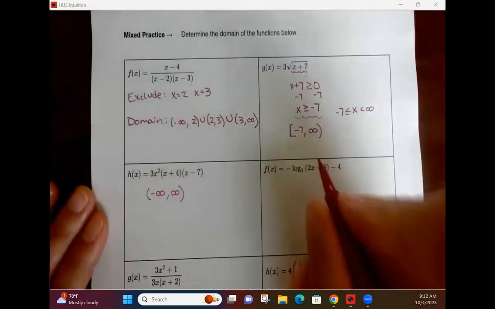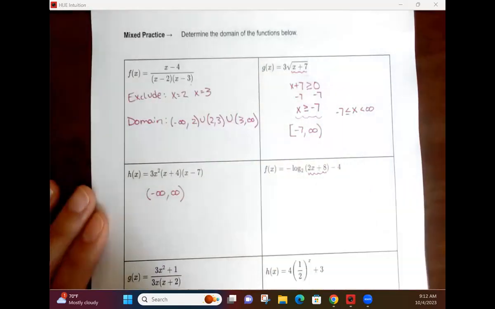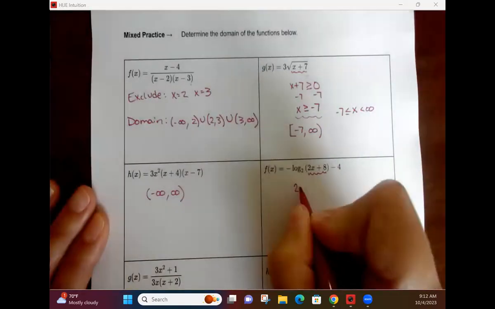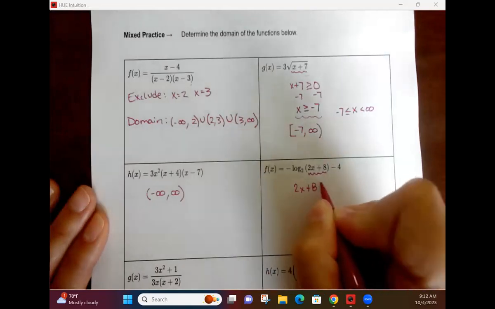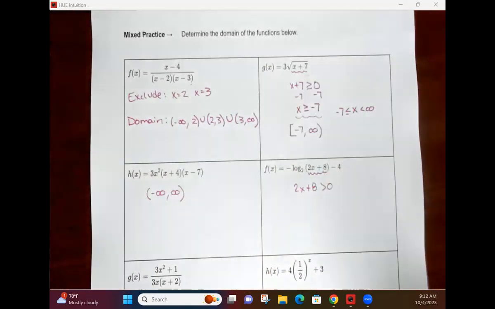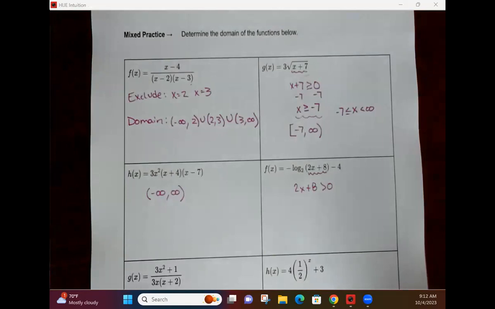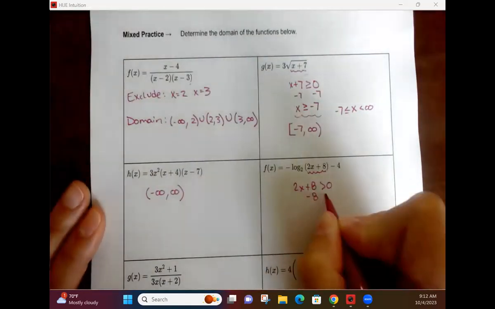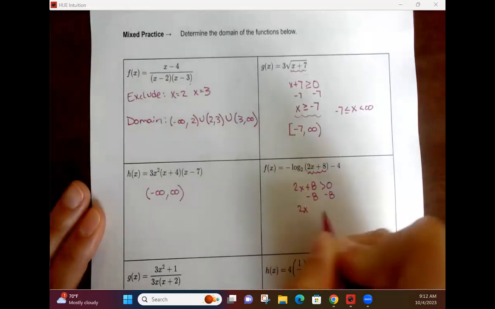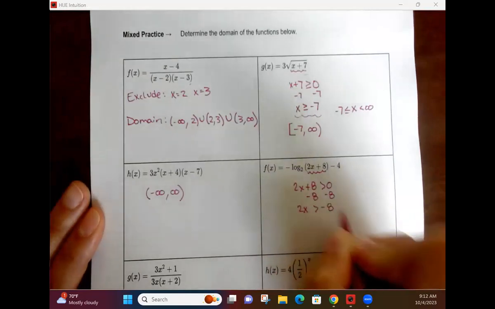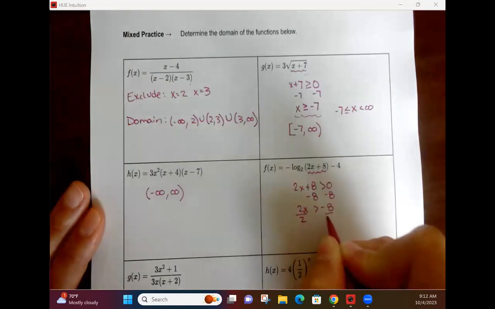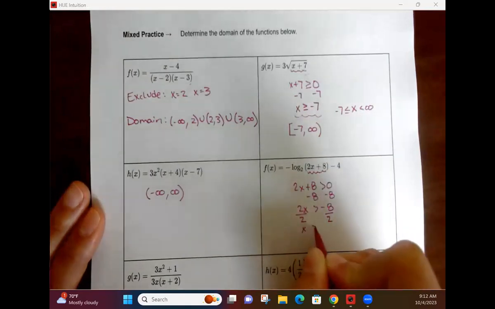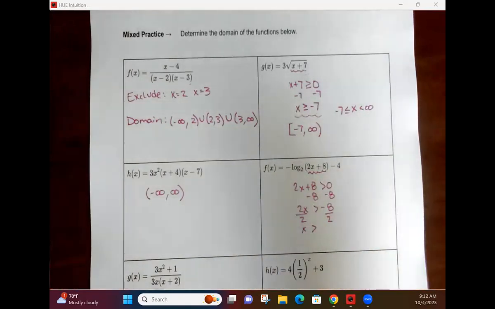For a log, remember that the argument, the stuff we're taking the log of, needs to be greater than 0. Okay? I can't have 0 as the argument. I can't have a negative number as the argument. It's got to be greater than 0. So from here, I'm going to solve for what values of x would keep that greater than 0. Remember, the only time that I do anything different is if I multiply or divide by a negative number.